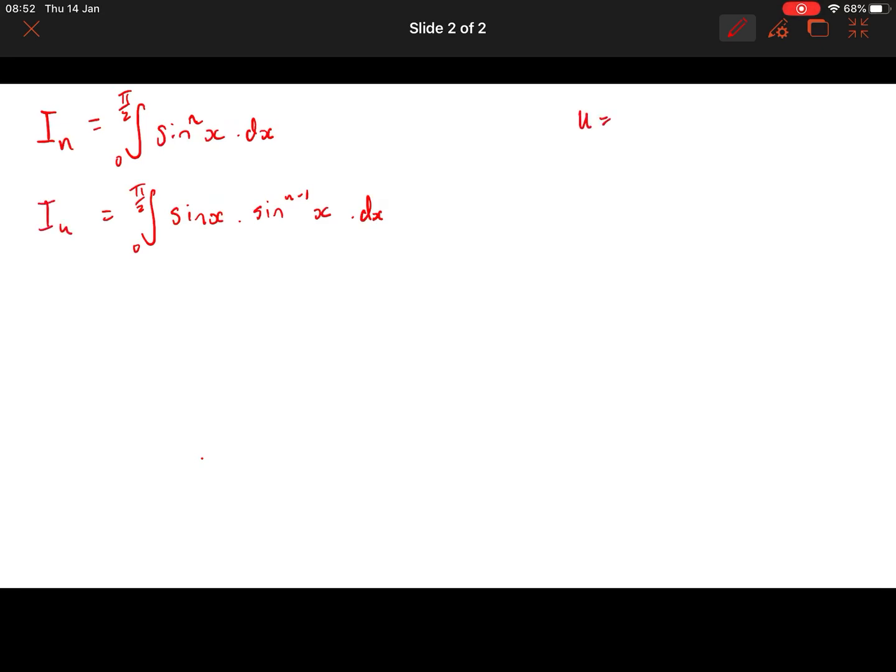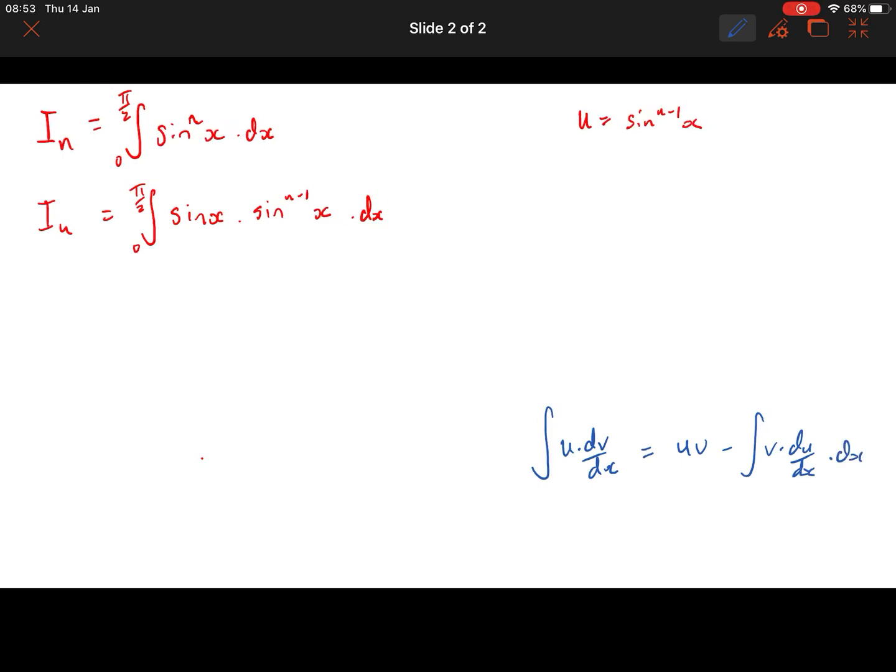We can let u equal sine to the power of n minus 1 x. Let's just do the formula quickly, so that you remember how to do integration by parts. If we integrate u times dv dx, that is equal to uv minus the integral of v du dx with respect to x.